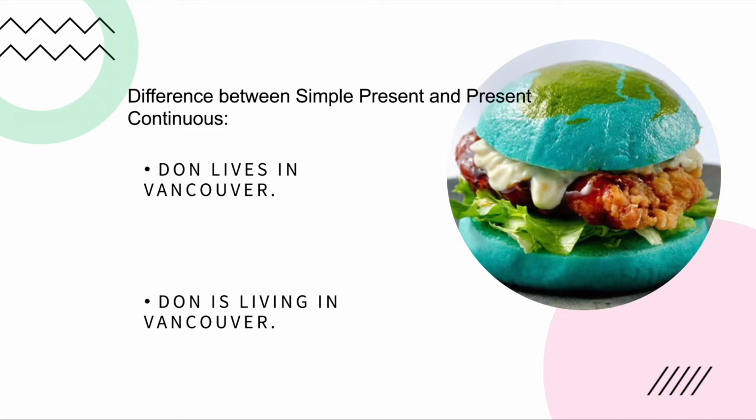He is living in Vancouver now, but I don't know what might happen in a few days or months. Perhaps he's studying there or he is working there for a short time now.